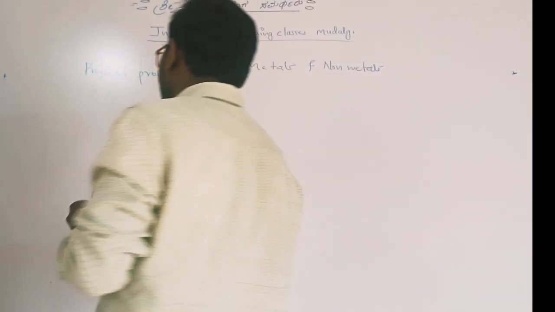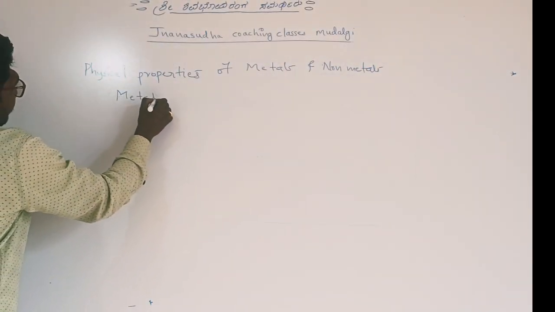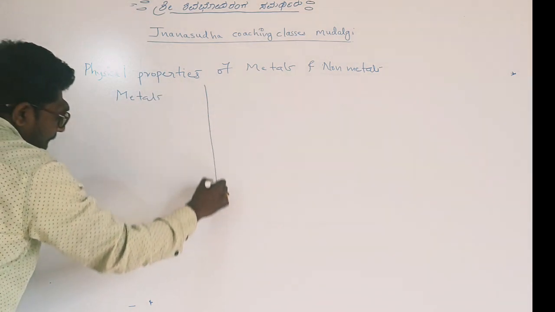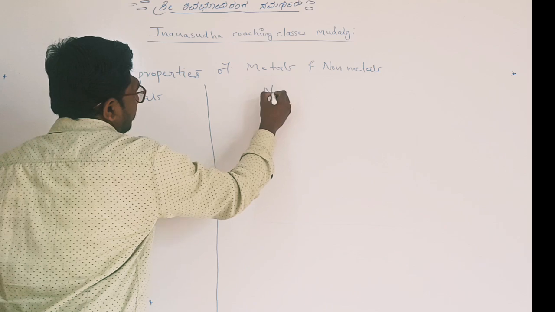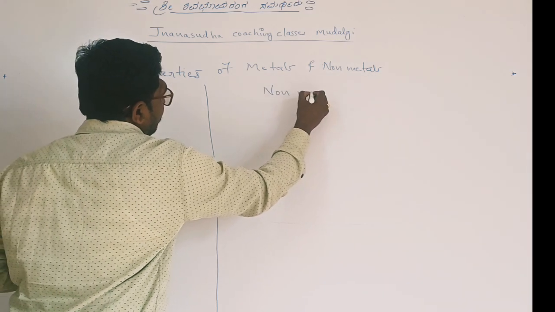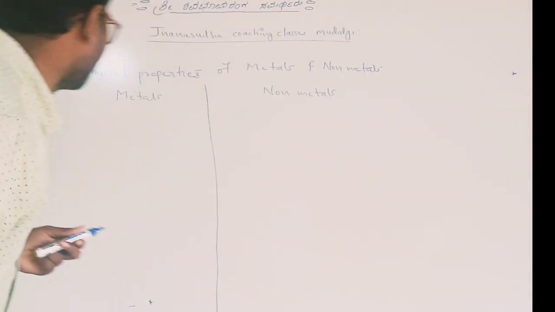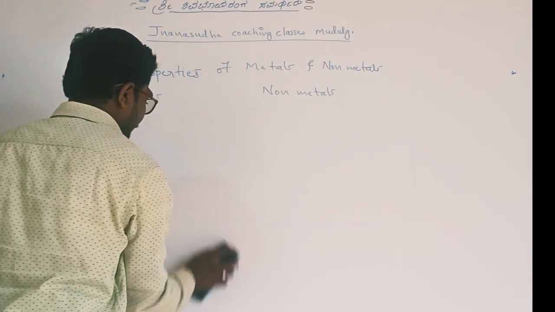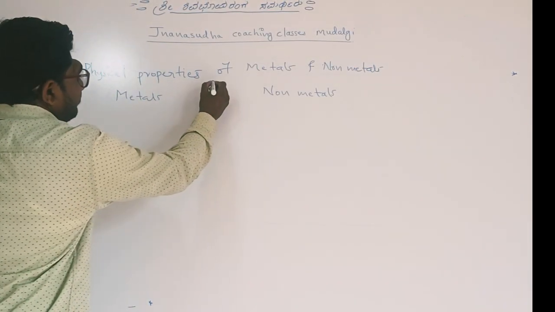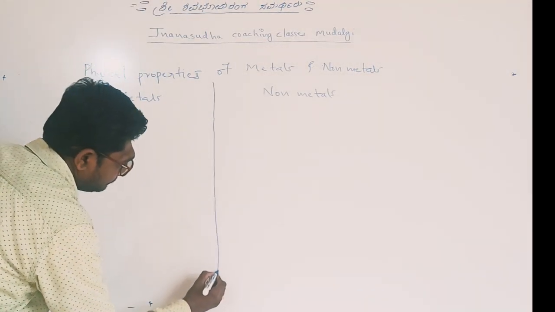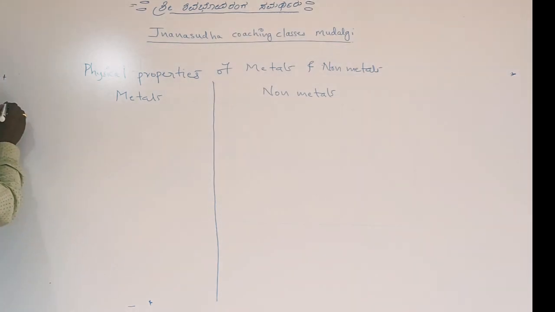One is metals and one is non-metals. Make the line straight. Make a two-column table. Yes, this comes under metals.